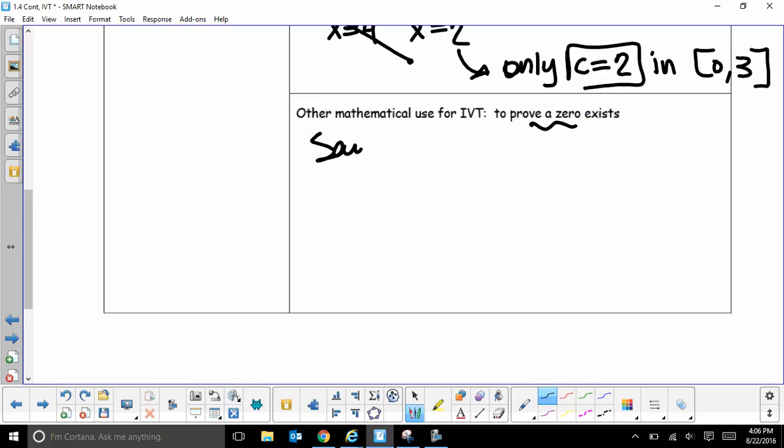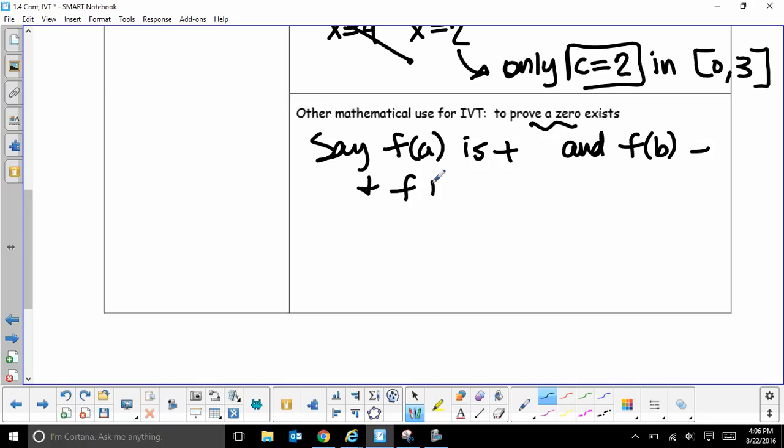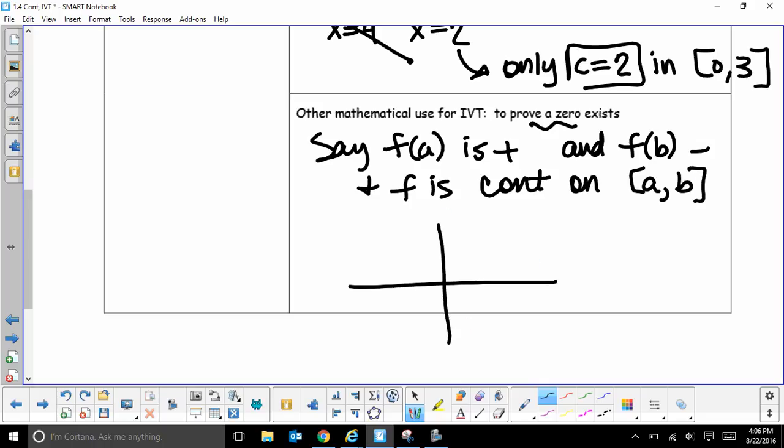If you say maybe f of A is positive and f of B happens to be negative, and we also know that f is continuous on A to B, then that means, so if you draw that out, if this is A and f of A is something positive, and then mark off B and f of B is something negative, and you know it was continuous, so you know you connect the dots between them, then to prove a 0 exists, that means that it has an x-intercept.